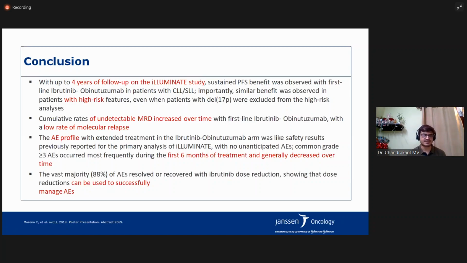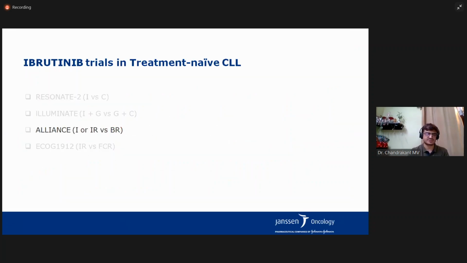The adverse event profile with extended treatment in the ibrutinib Gazyva arm was like safety results previously reported in the primary analysis of the iLLUMINATE study, and the majority of adverse events resolved or recovered with ibrutinib dose reduction and can be successfully managed.